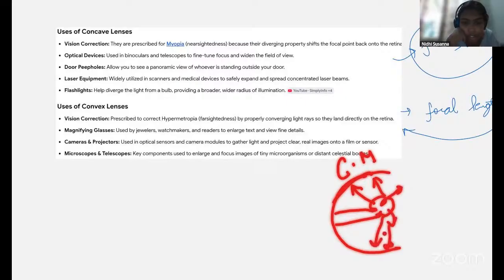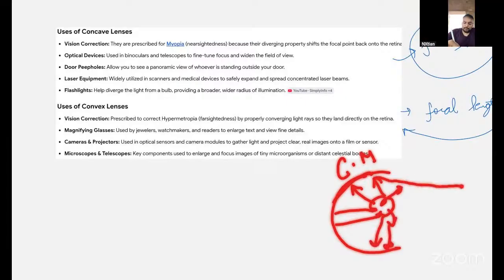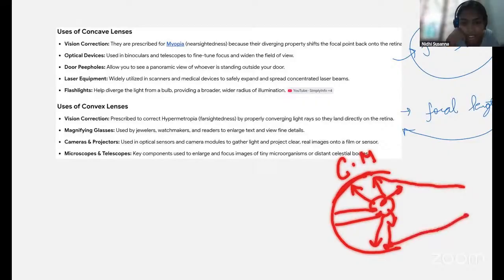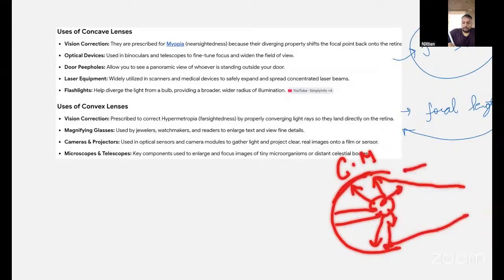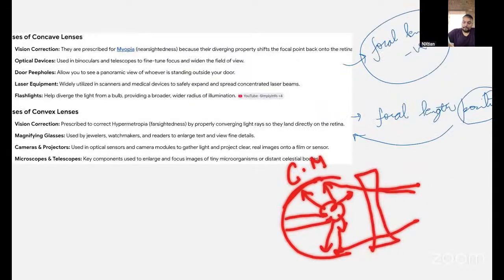That will go to one point like this. And the glass in front of the torch is a concave lens, so that when it goes, it will cover a wider area like this.